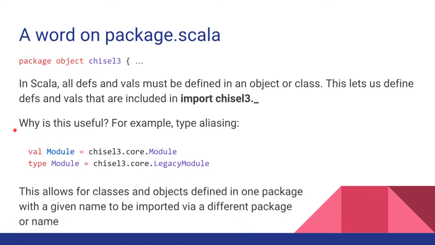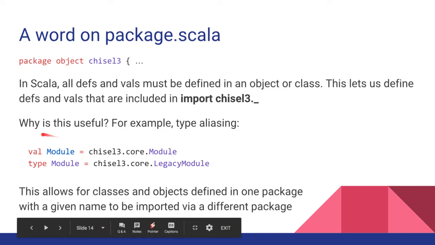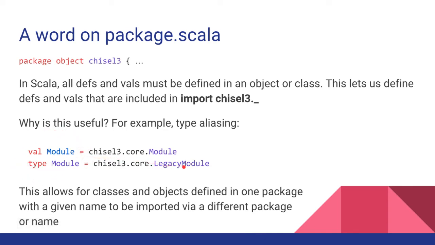So if I have class MyModule extends Module, it's actually an instance of chisel3.core.LegacyModule, but this type alias here refers to the class, and this val alias refers to the object, the singleton object, chisel3.core.Module. And so it allows us to rename things.